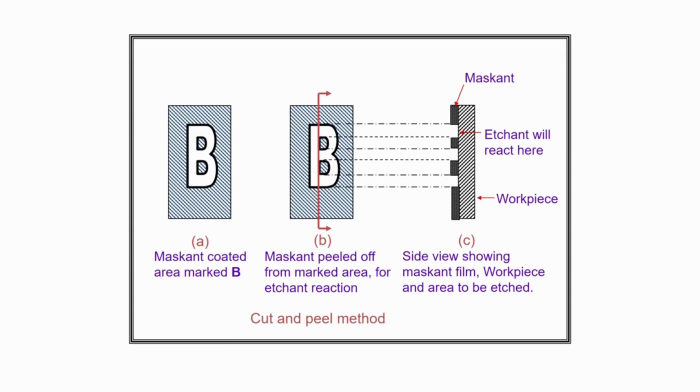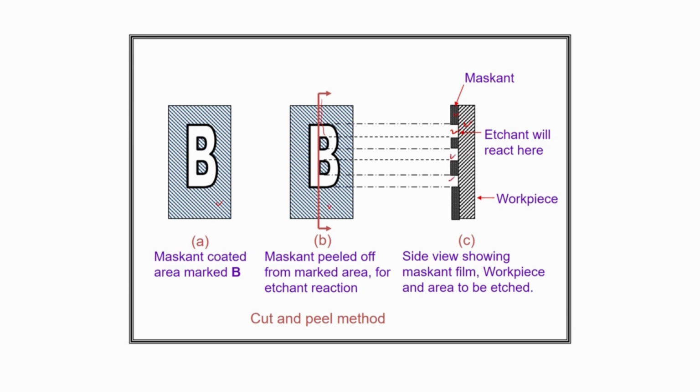So this is the workpiece here, maskant coated already. If you take a cross section here along this line, you can see the workpiece material, here this maskant layer, and this is the exposed area where we need the machining to be carried out.